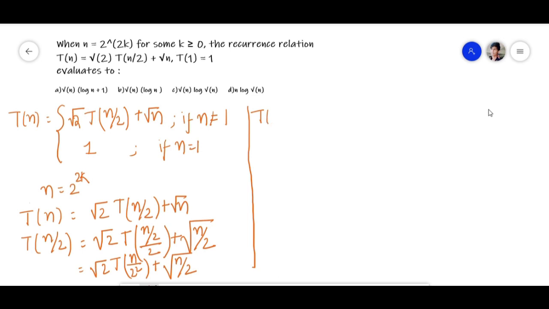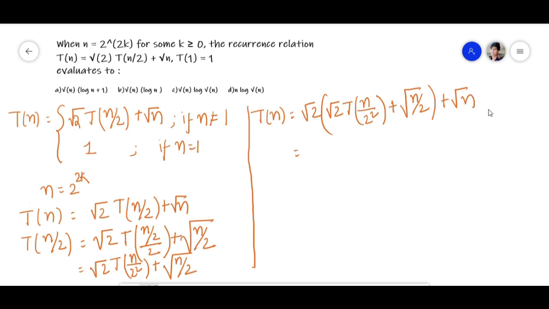Therefore, T of n equals root 2 times, in place of T of n by 2, substitute the equation we obtained, that is root 2 times T of n by 2 square plus root of n by 2, plus root n.